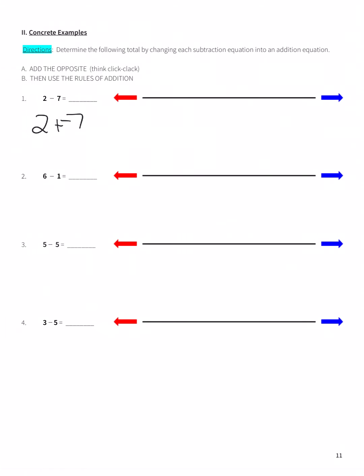So we can go ahead and we can draw our people if you want. So we have 1, 2, 3, 4, 5, 6, 7 negatives. Boop.